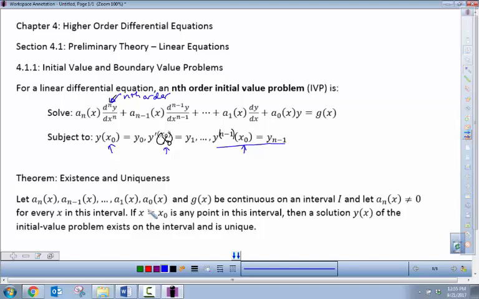Now whether you can find it or not is a different story, but you know that a solution will exist within that interval. So if any of these functions, a sub n plus 1 and all that, or minus 1, have discontinuities, then your whole solution will have a discontinuity there, or will not exist beyond that point. Does that make sense?